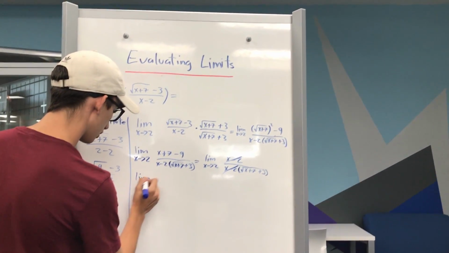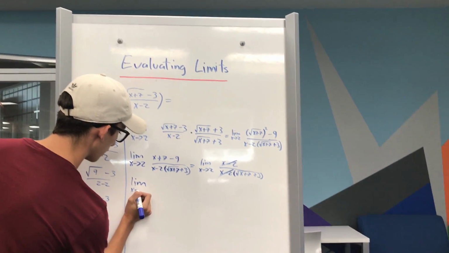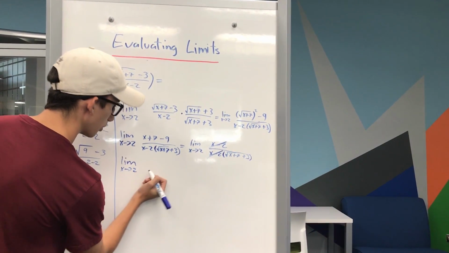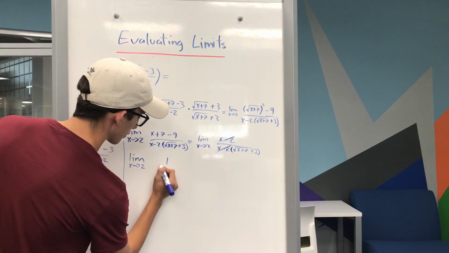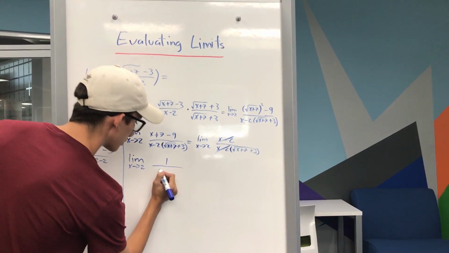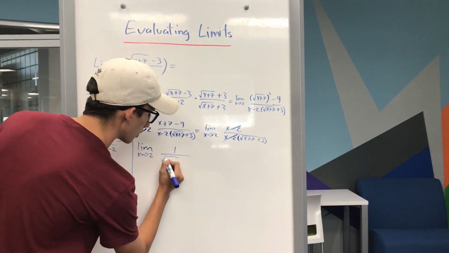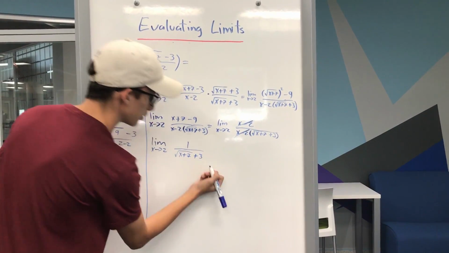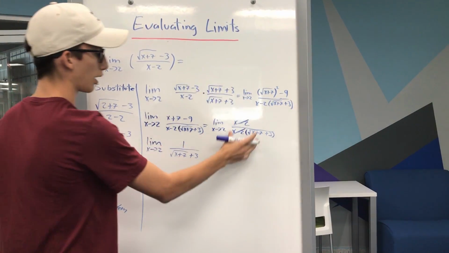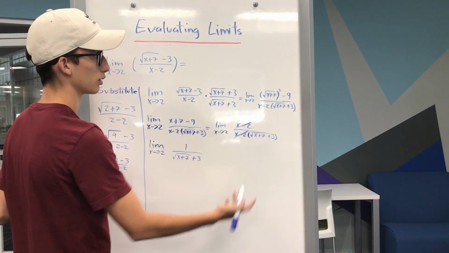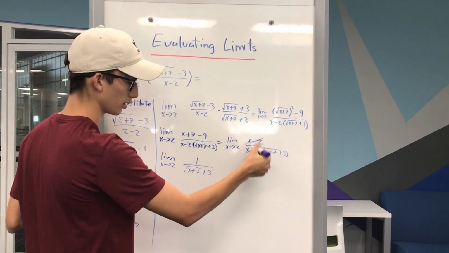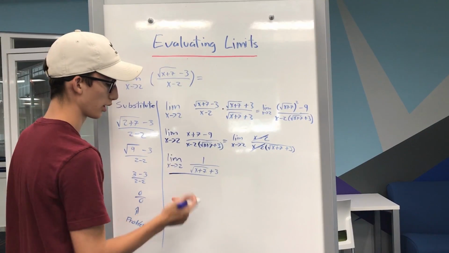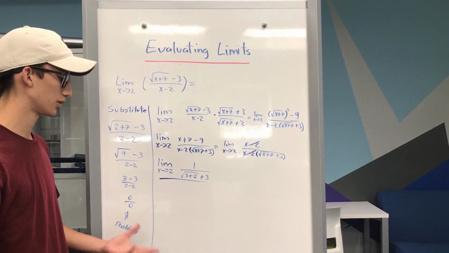So it's going to leave us with 1 over the square root of x plus 7 plus 3. So after you cancel this out, you just need to substitute.